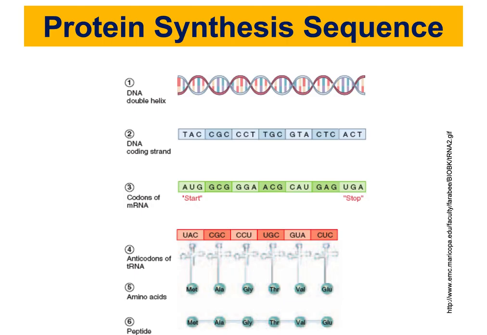And each 3 of them is going to be the code for a particular amino acid. So it's packs of 3s, and that's how we translate the messenger RNA into proteins. Each amino acid has a code of 3 bases.